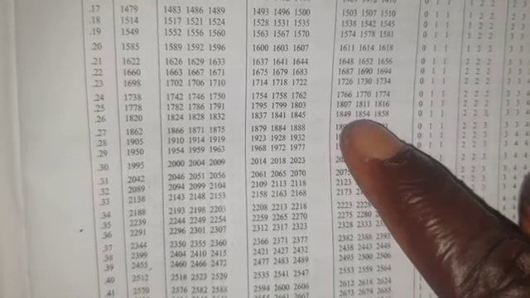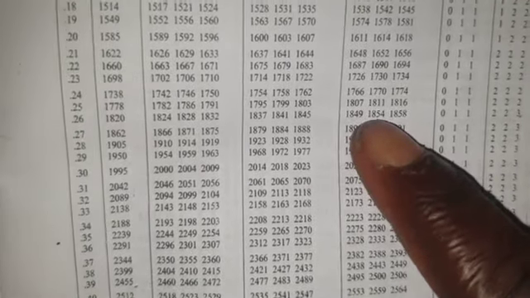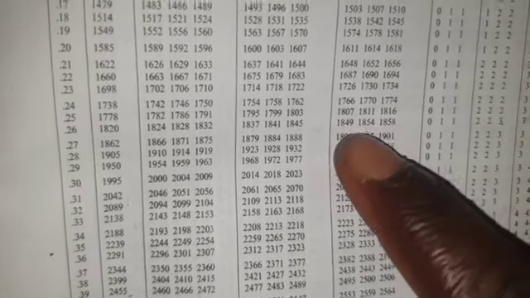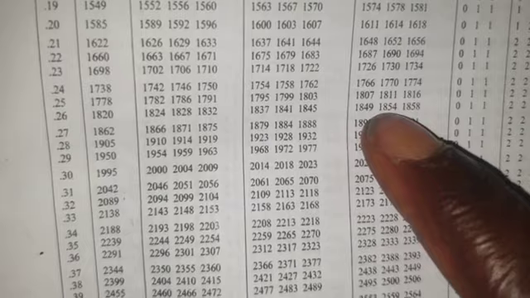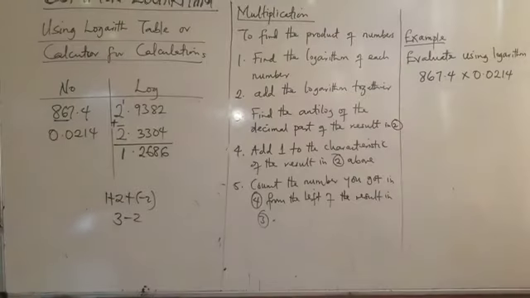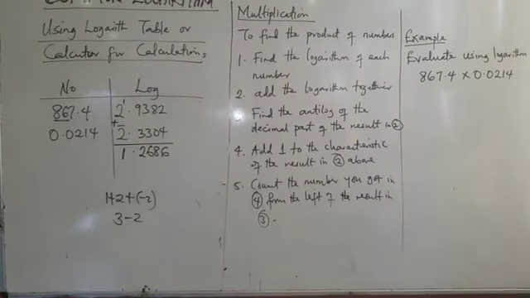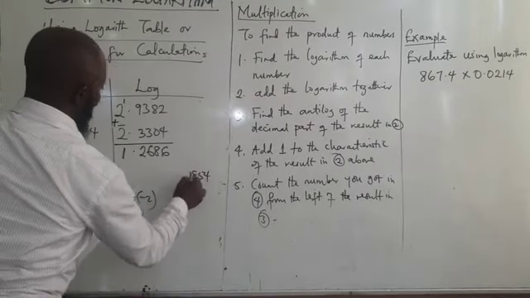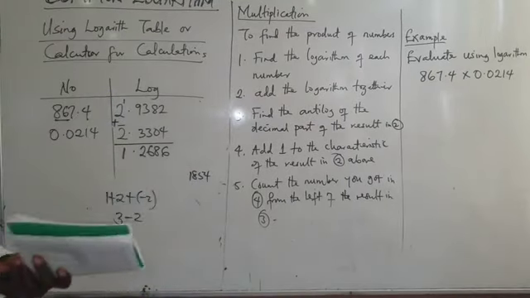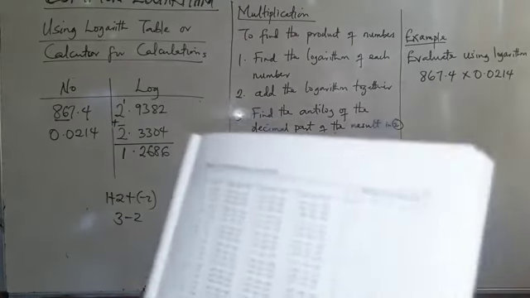This is 8, this is 9. So 0.26 under 8 is what? 1854. We write 1854 because we have difference. So we are going to have difference of 6.